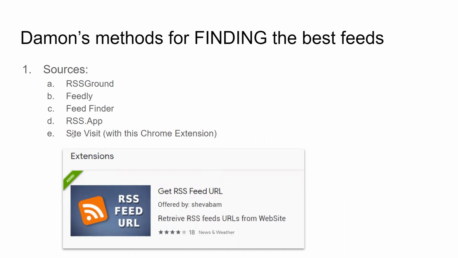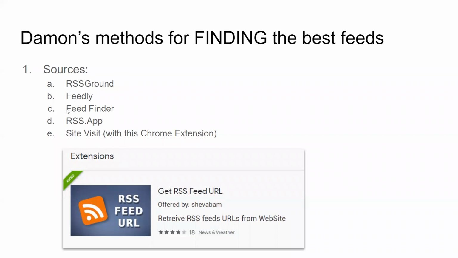This is old school, where I just visit the site itself. This one here is how I do a lot of my own research. So let me get started. I'm going to bring over this first screen, and we're going to talk about RSS Ground and Feedly.